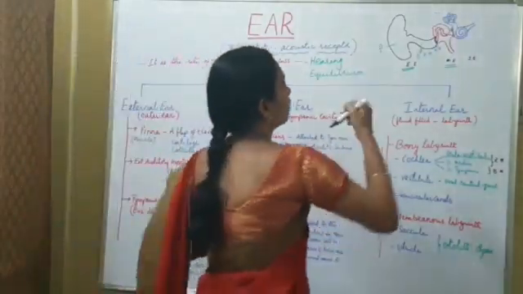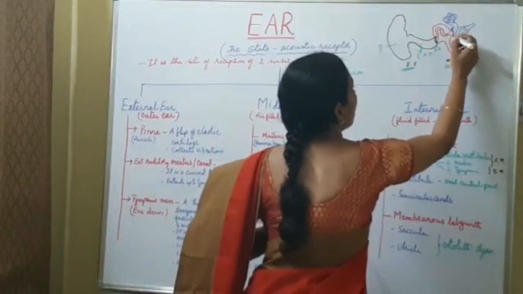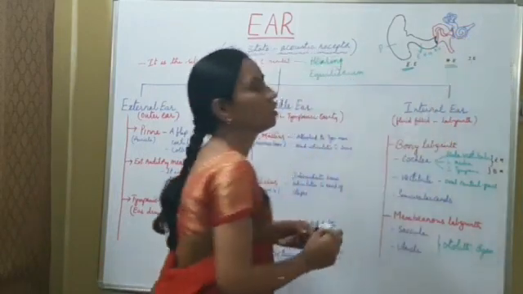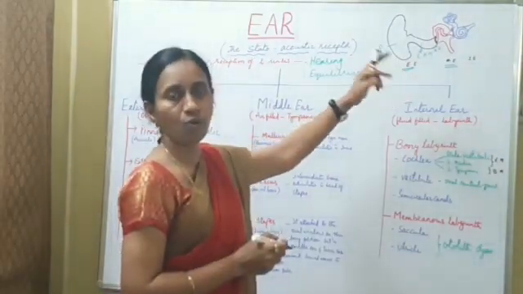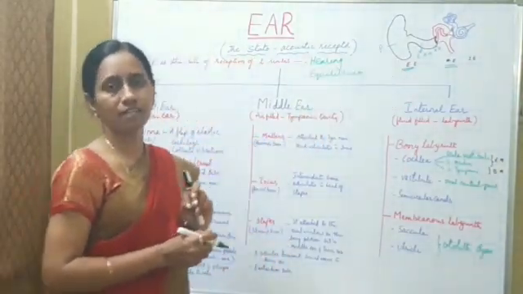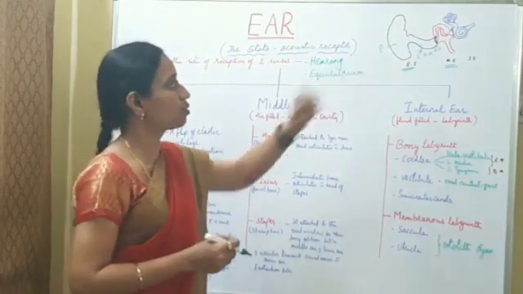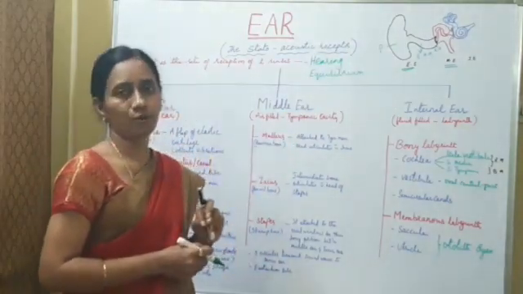One is the oval aperture and one is the round aperture. The oval aperture is also called the oval window, and the round window. Oval window is also called fenestra ovalis, round window is also called fenestra rotunda.